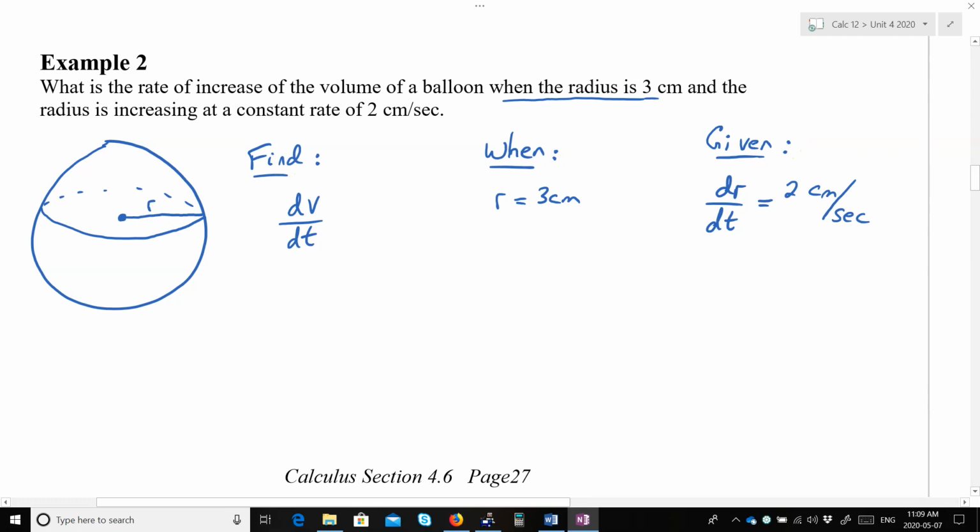Okay, so there's the initial setup. You then have to come up with an equation that relates all of your variables. And so we're talking about volume and radius. Okay, and we're assuming that this is a spherical balloon. So the volume of a sphere is 4/3 pi r cubed.